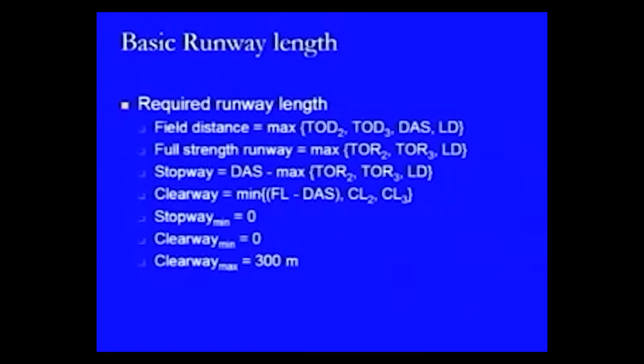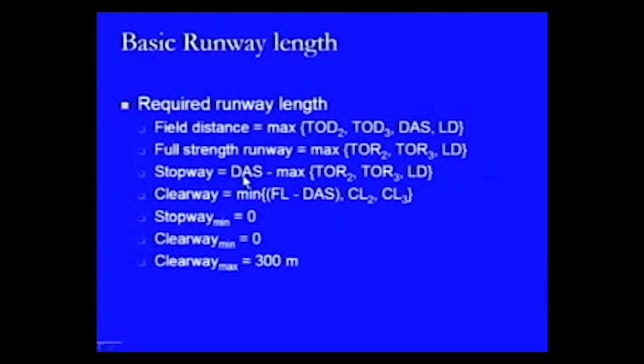So, what we see is that the runway length required can be computed as the field distance, which is the maximum of the takeoff distance in the second case and third case, and then the various other values as noted here. Similarly, the full strength runway can be the maximum of the three values.